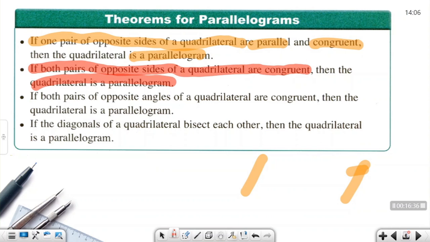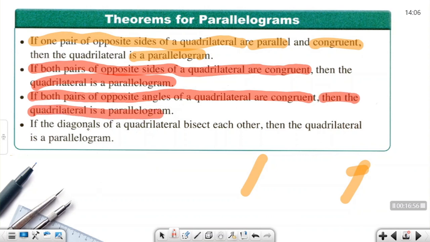So even if you don't know whether it's parallel or not, if the opposite sides are congruent, it must be a parallelogram. Again, if both pairs of opposite angles of a quadrilateral are congruent, you can say this is a parallelogram. If the diagonals of a quadrilateral bisect each other, we call it a parallelogram again.